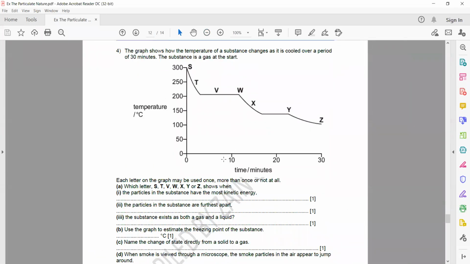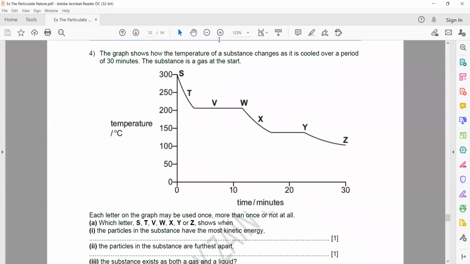Question 4. In this question, the graph shows how the temperature of a substance changes as it cools. So this is actually a cooling curve, in which we remove the energy.